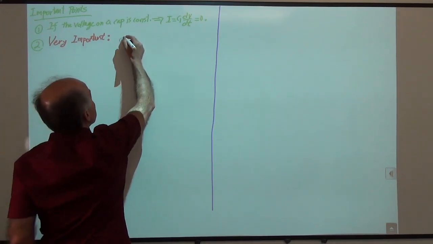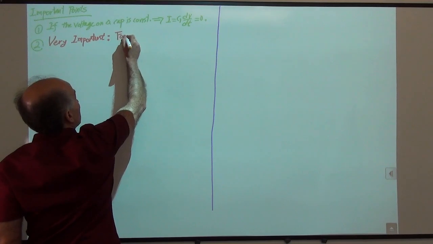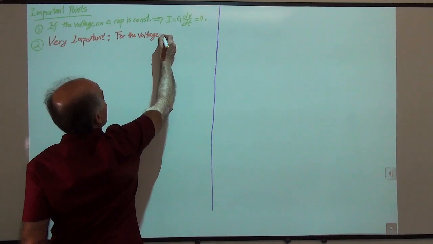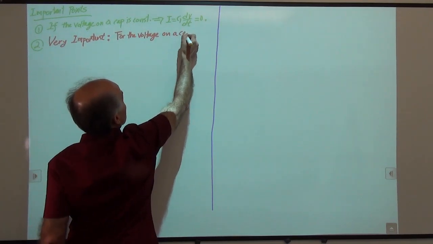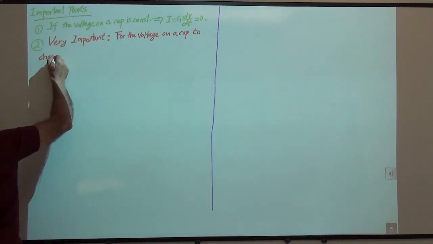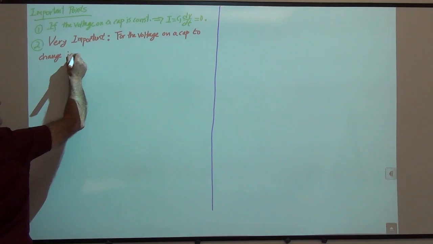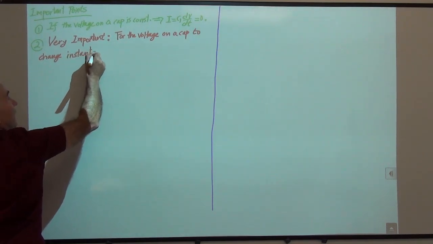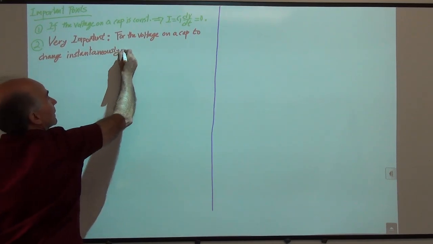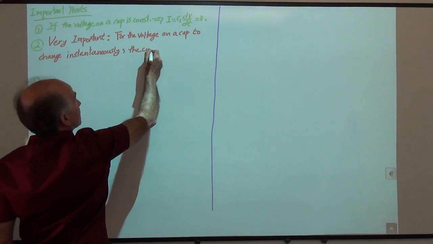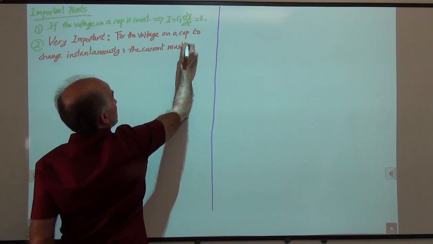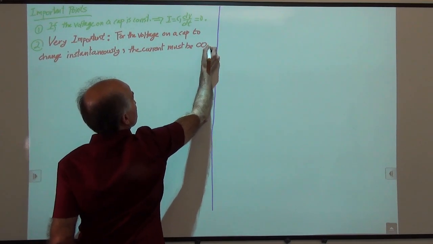Okay, so for the voltage on a cap to change instantaneously, the current must be infinite.